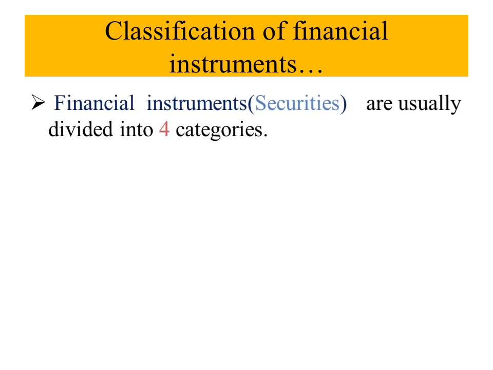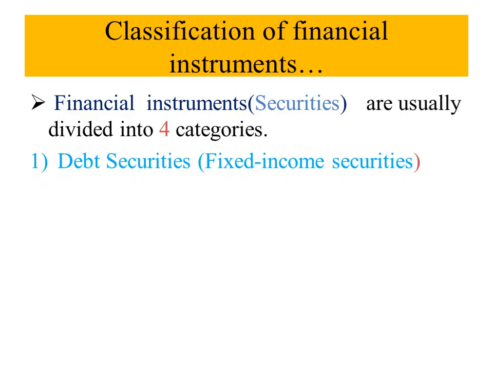Classification of financial instruments. Financial instruments, whose common name is securities, are usually divided into 4 categories. The first category is debt security, or fixed income security. The income for debt security is earned when the maturity date is reached.